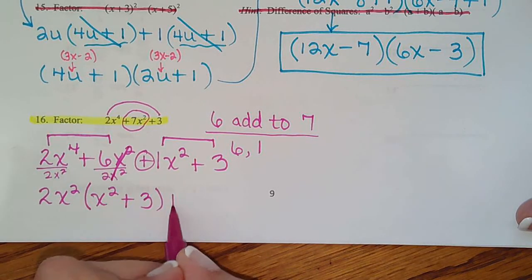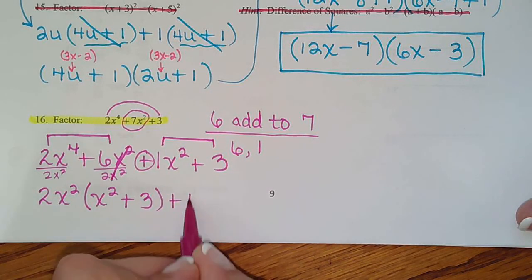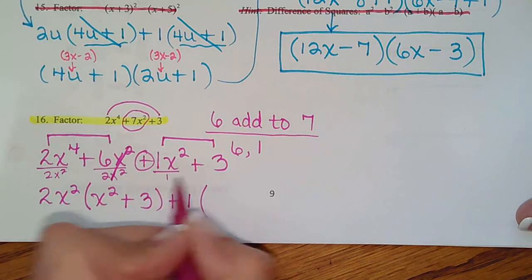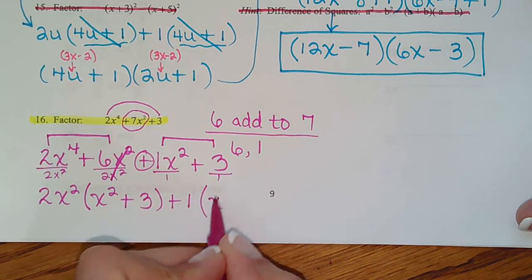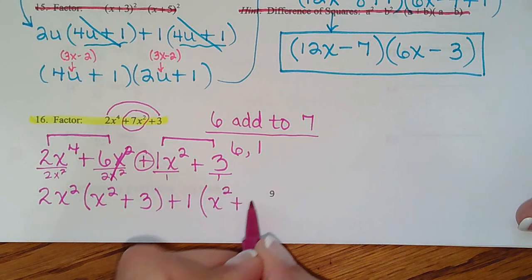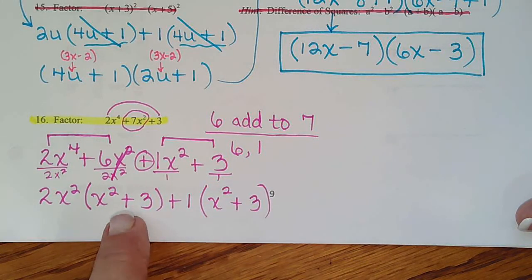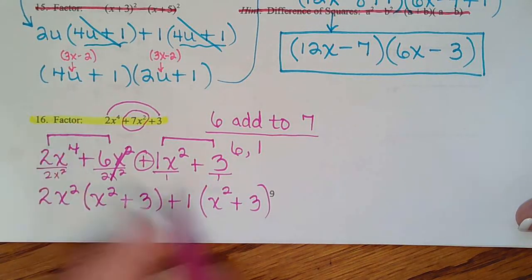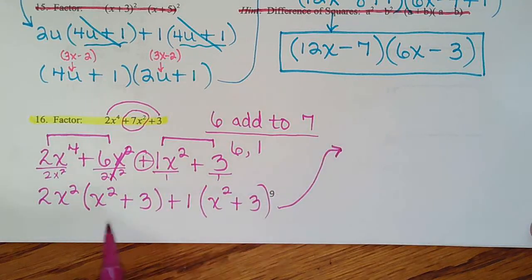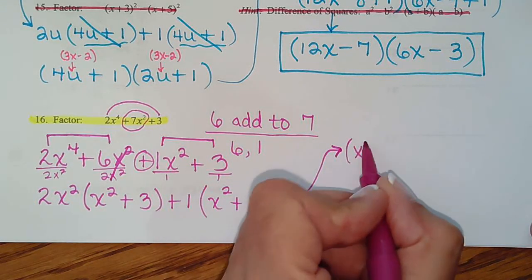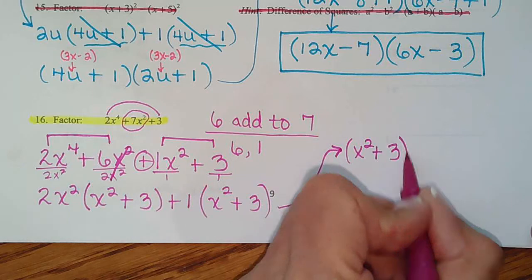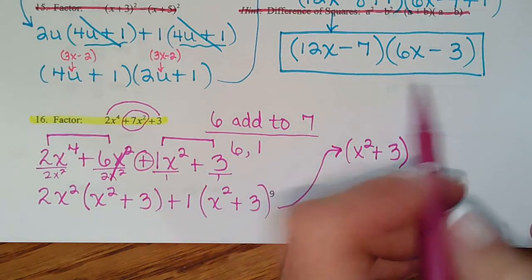Bring down this sign. Nothing common here but 1. So divide by 1, and we get x squared plus 3. And then we get happy because these match. So our answer is x squared plus 3 and 2x squared plus 1.